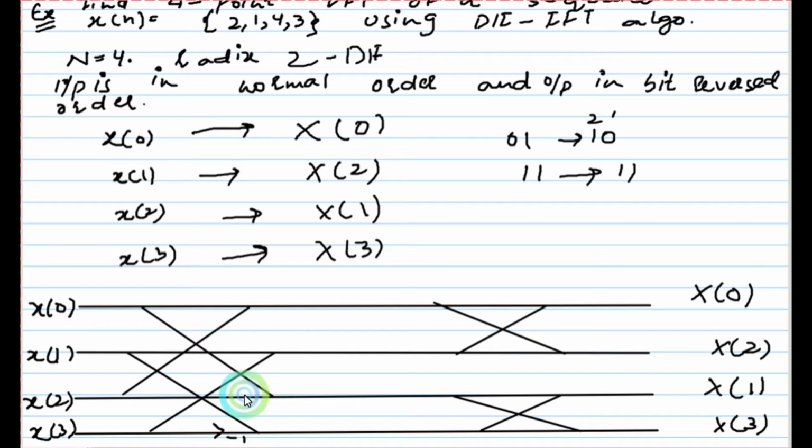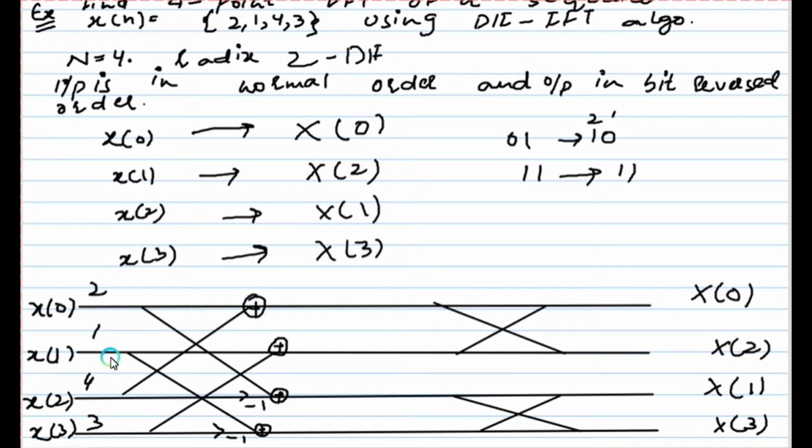So we'll have -1 here, -1 here, and summations at each node. Our inputs are 2, 1, 4, and 3. Let's go to this first.